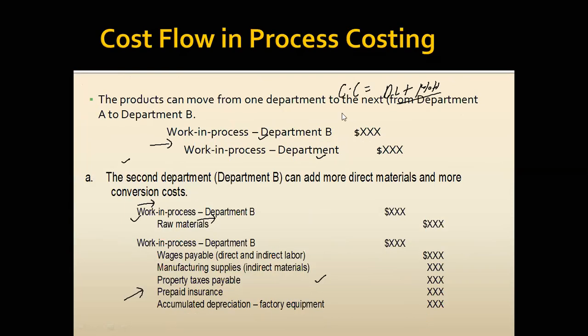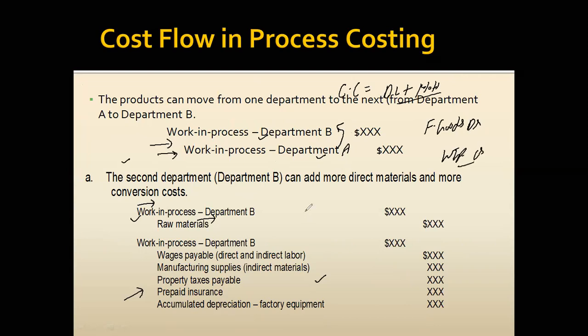Students, what will happen when things finish in one department? Say here you can write department A. The work in process of one department will convert to another department. Normally, whenever your process completes, we pass this entry: finished goods debit and work in process credit.